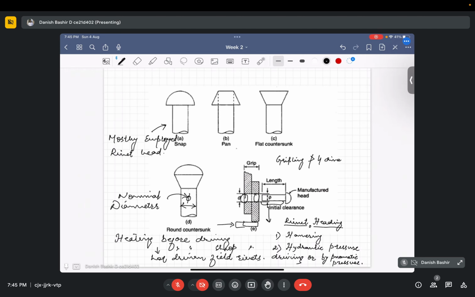Depending upon whether they are placed in the field or in the workshop: if they are placed in the workshop, they are called hot driven shop rivets. If they are placed using heat riveting in the field, they are known as hot driven field rivets.